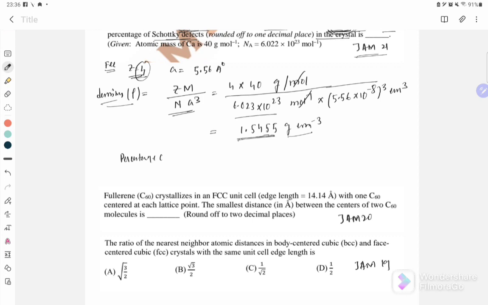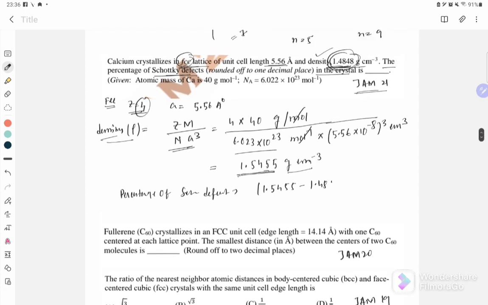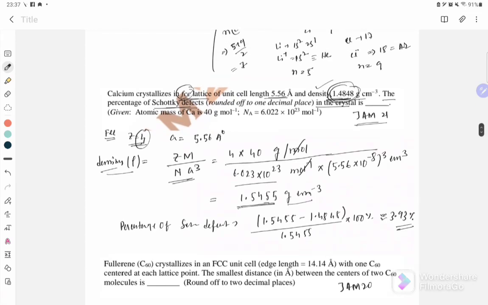Percentage of Schottky defect is equal to 1.5455 minus 1.4848 by the base 1.5455 into 100 percent. Then we will get approximately 193.93 percent. Okay, this is our answer.